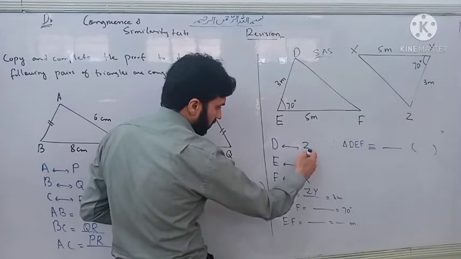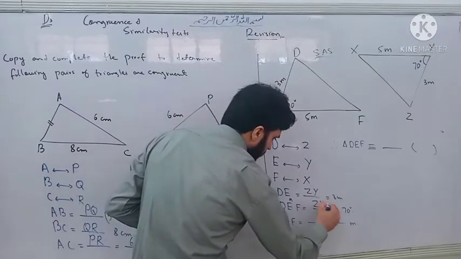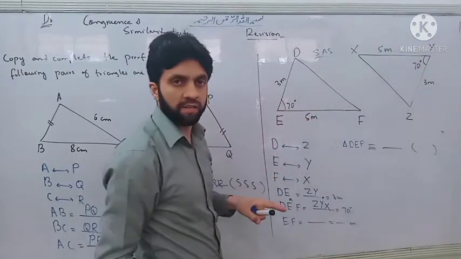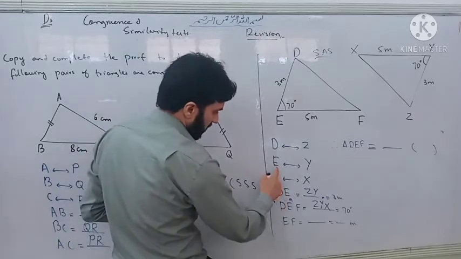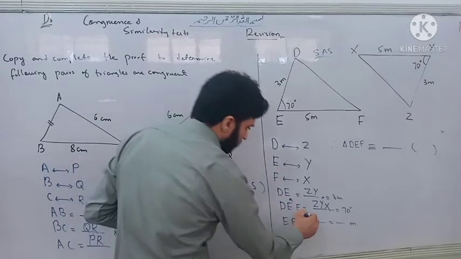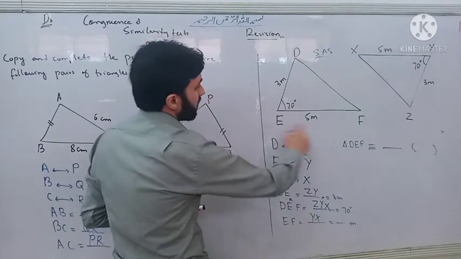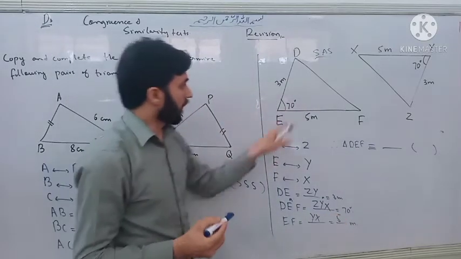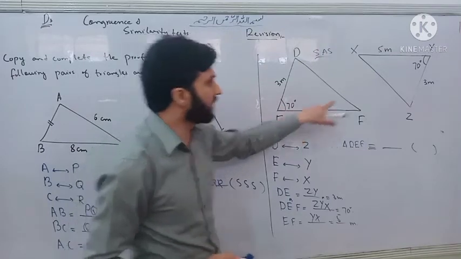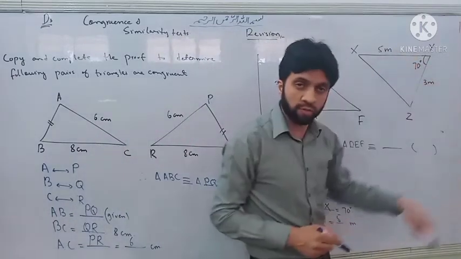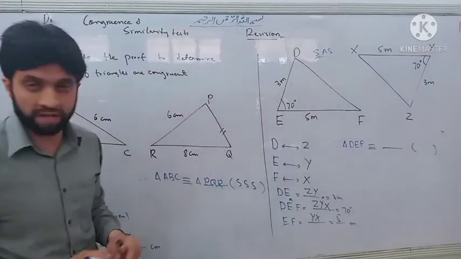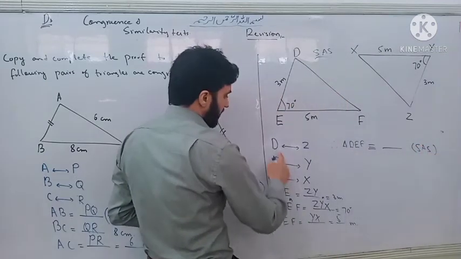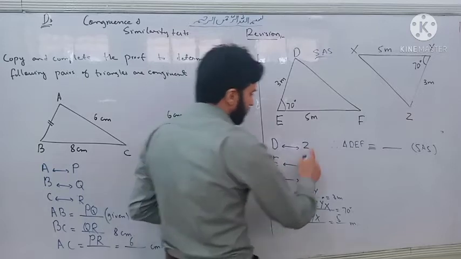So Z by X. On Y there is 70, on E there is 70, and then EF, second last, EF and YX, EF and YX there is 5. So now you can see that the 70 angle is between the two sides, and here the 70 angle is between the two corresponding equal sides. So we can say that these two triangles are congruent triangles with the help of the SAS congruence test. DEF, how can I write the vertices? DEF, sequence wise ZYX.